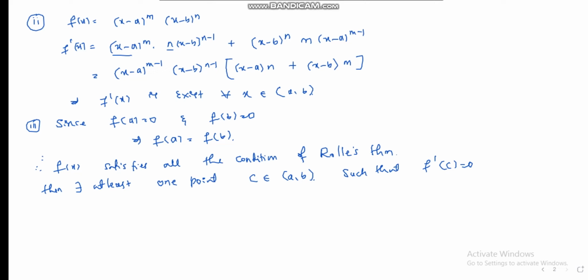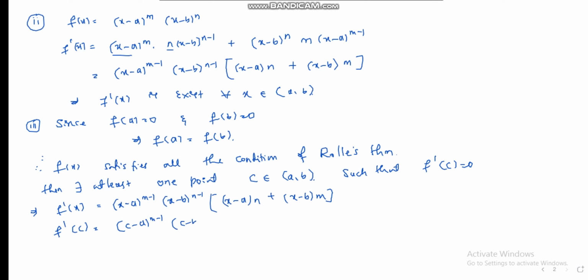We know f'(x) from the last step: (x minus a) raised to m minus 1 and (x minus b) raised to n minus 1, into the bracket [(x minus a) into n plus (x minus b) into m]. So what about f'(c)? In the place of x we substitute c, so we get (c minus a) raised to m minus 1 and (c minus b) raised to n minus 1, in bracket, (c minus a) into n plus (c minus b) into m.